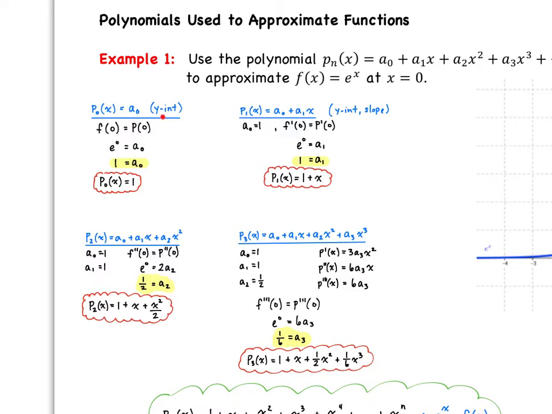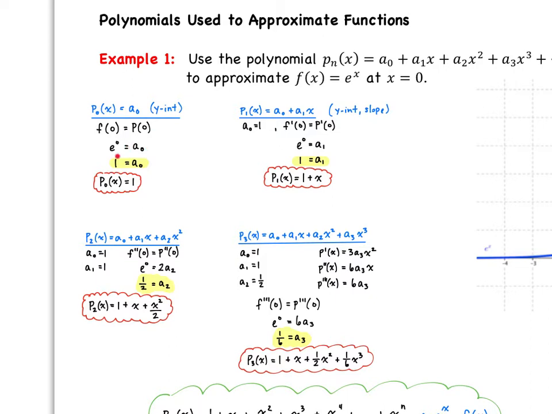It's our y-intercept. So in order to figure that out, if this is our polynomial, well, if we let x equal 0 in this polynomial, we're just going to be left with this a naught. So we can say that f of 0 is going to be the same as p of 0.